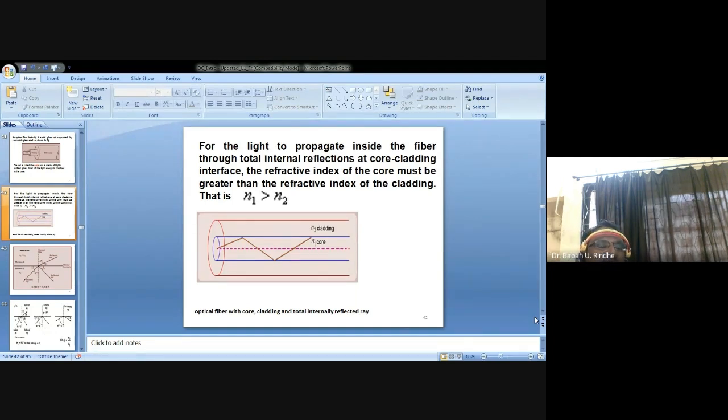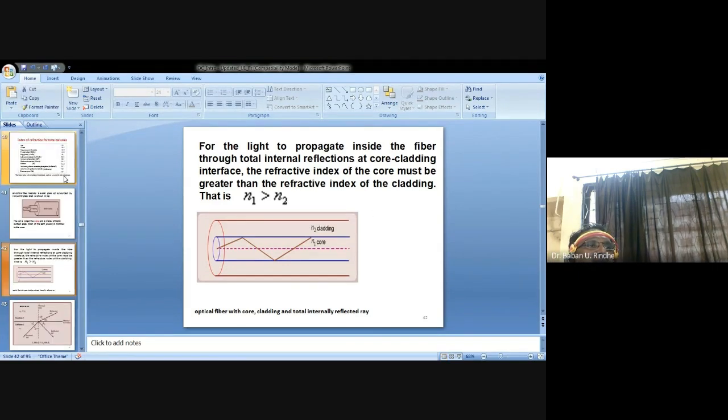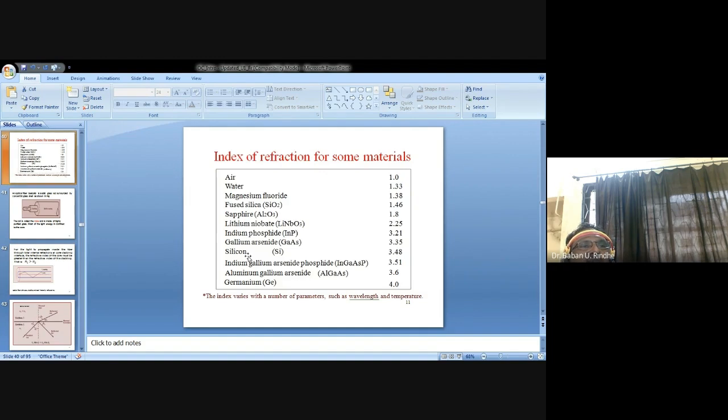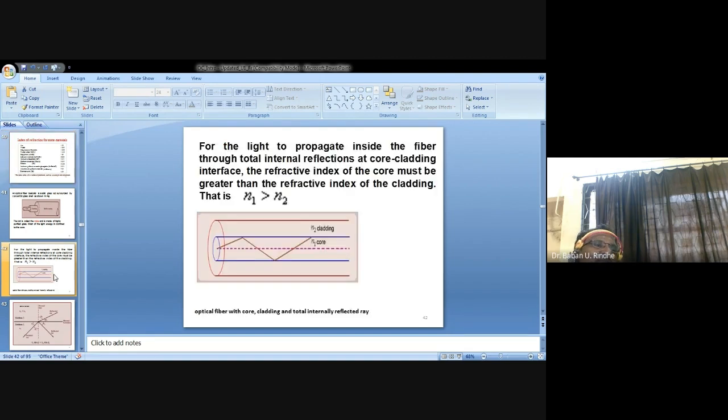That depends upon the concentration of impurity added to the glass, and therefore the refractive index is reduced. With fluoride or other materials, as already discussed, such as lithium carbonate and indium phosphide, the refractive index of the core changes.